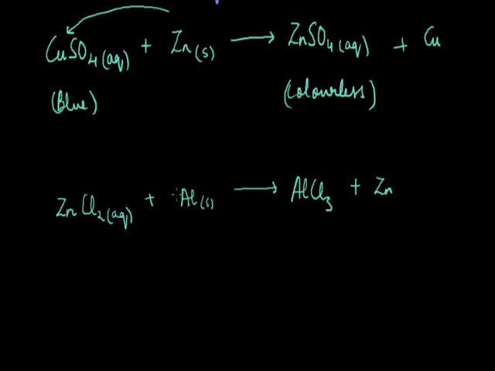So here we see as aluminium is more reactive than zinc, aluminium will displace zinc from its salt solution, and here there will be a formation of salt, that is aluminium chloride. So this is the type of reaction in which we see that the more reactive metal is displacing the less reactive metal.